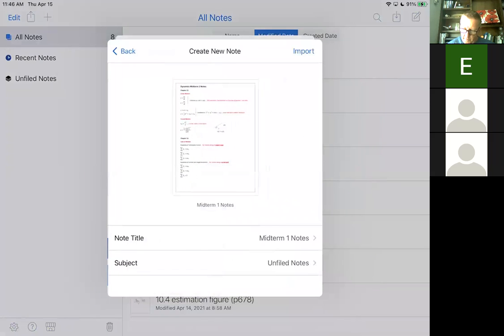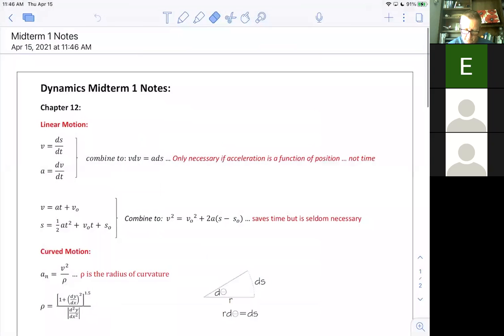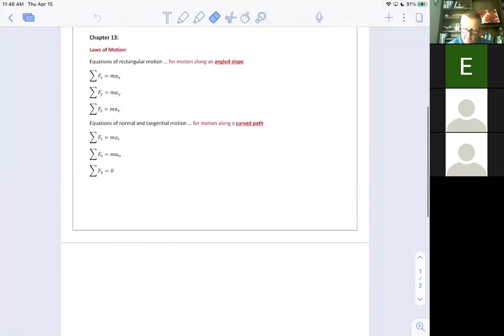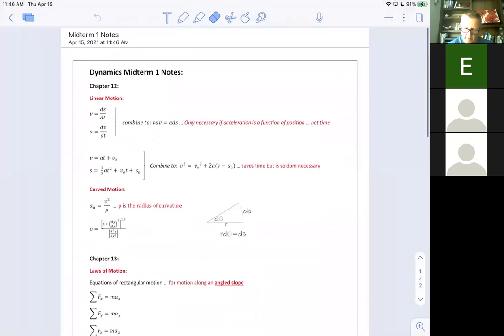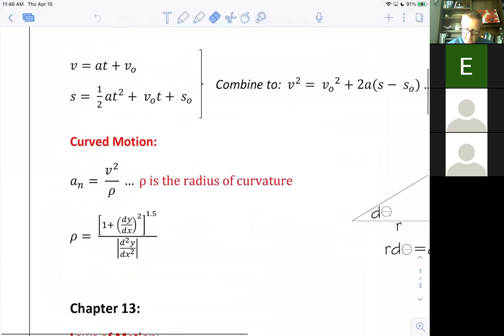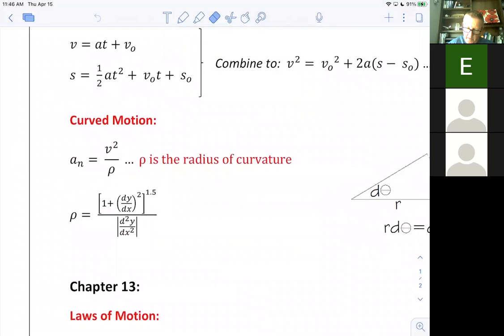Don't forget what we've learned before. This is the two things we're studying for this first midterm, chapter 12, chapter 13. But these two equations are what we need to consider.